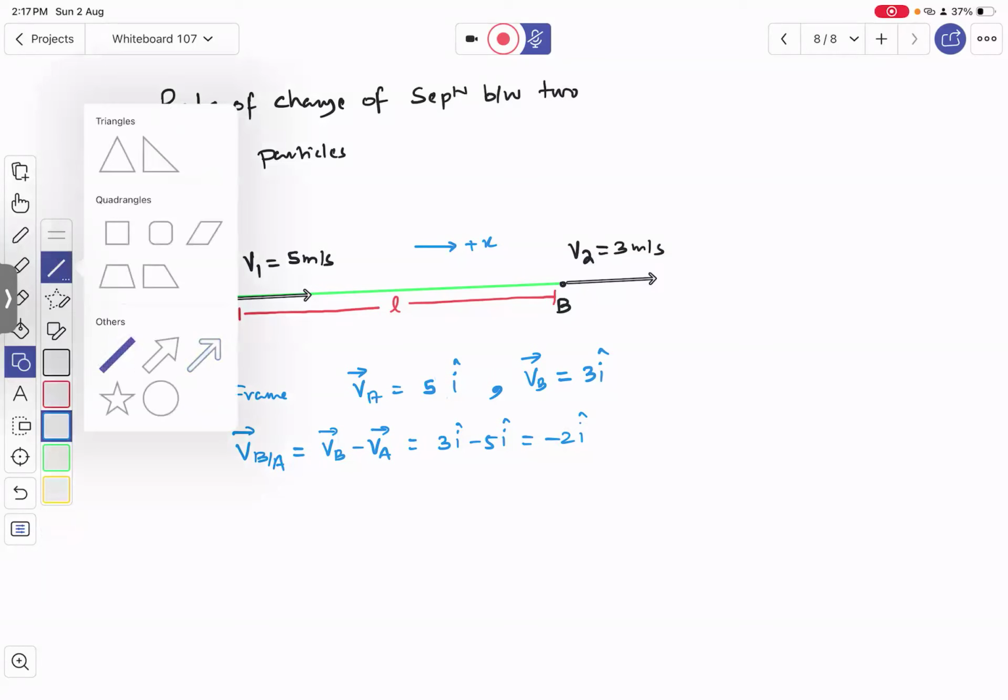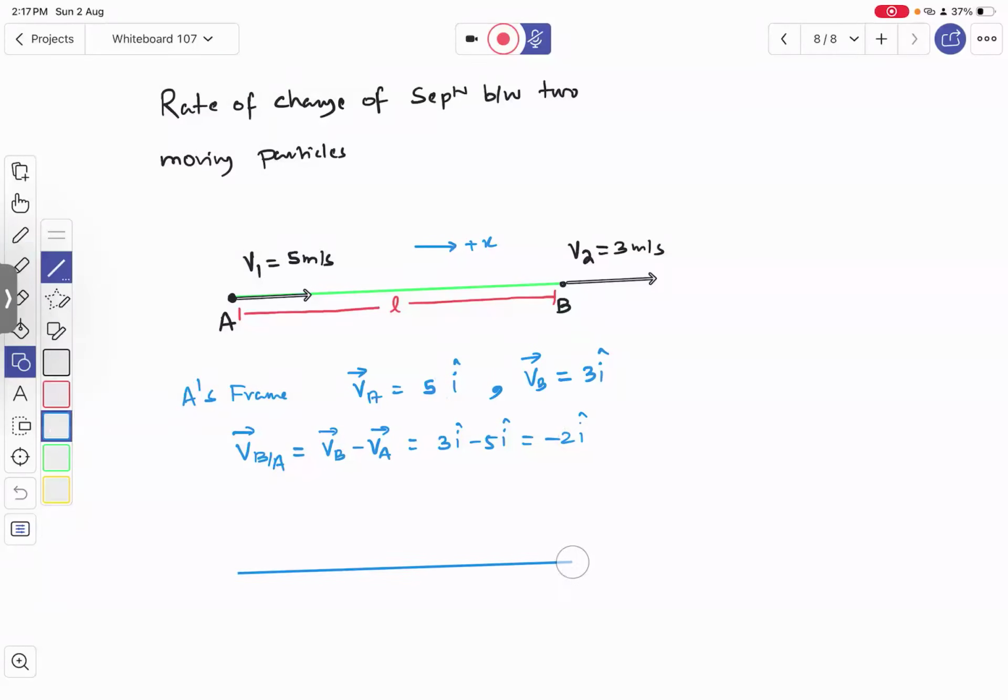Now it becomes a new question in which A is not moving and only B is moving, with speed 2 but in the leftward direction. The velocity that B has with respect to A is 2 in the leftward direction.